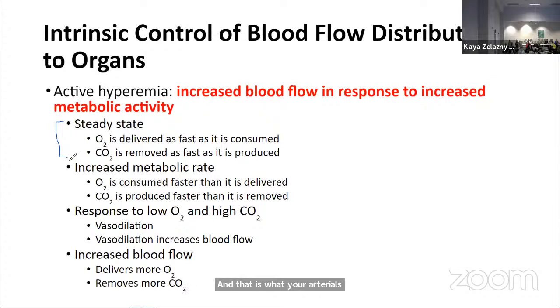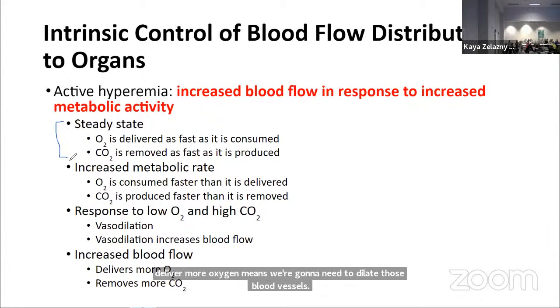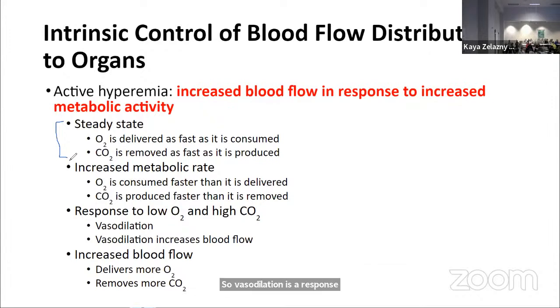Okay. So if you see low oxygen, right, we have low oxygen because we're using it. So we want to get more blood to deliver more oxygen, which means we're going to need to dilate those blood vessels. So vasodilation is a response to low oxygen and, conversely, to high carbon dioxide, right?